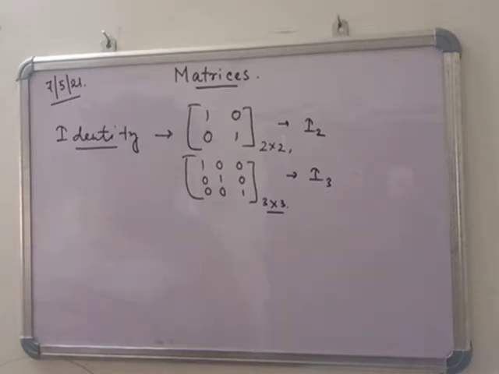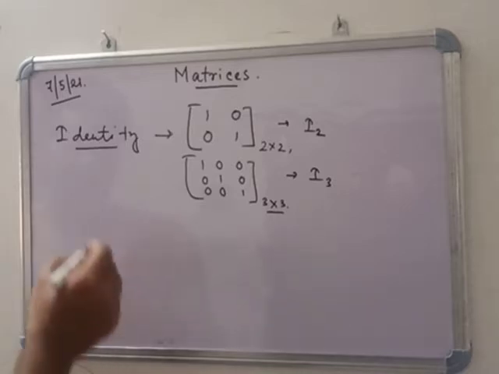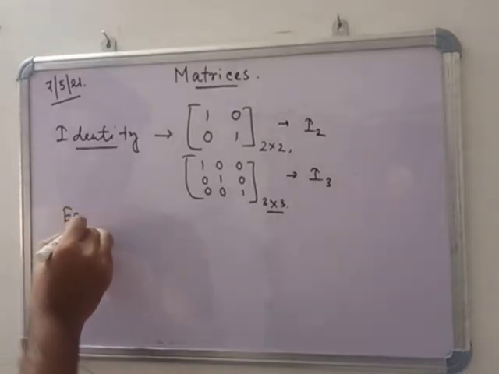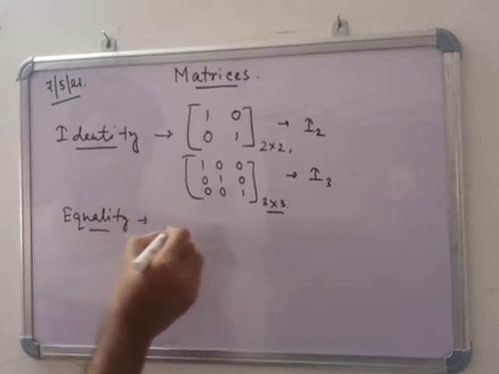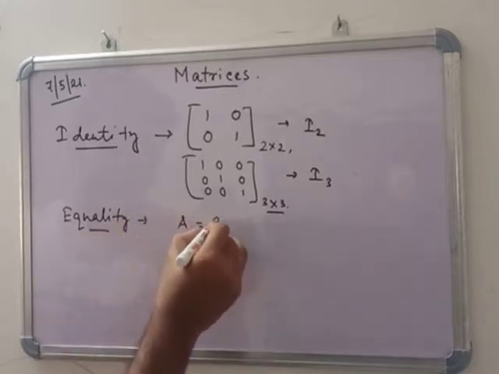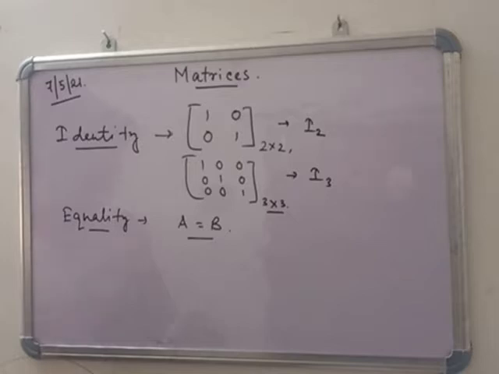Now equality of matrices. Equality of matrices means A equals B, for two matrices, when the same order is there and corresponding elements are equal.